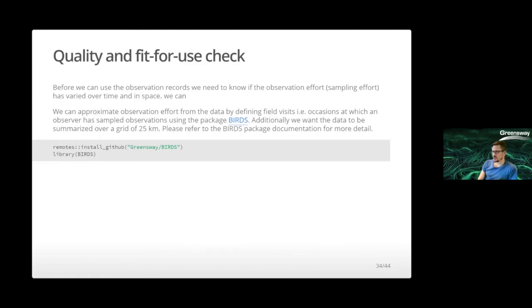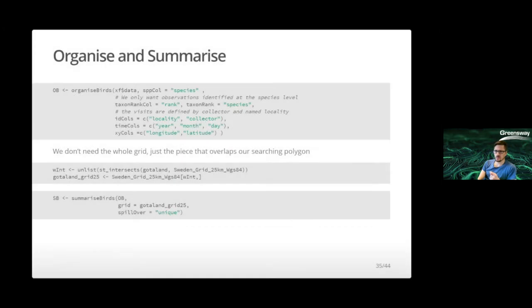Also, the birds package was on-prem, but not any longer. Some changes are being done. Make sure you install it from GitHub. There is documentation there, and you can also find in GitHub the documentation on other functions in the package.